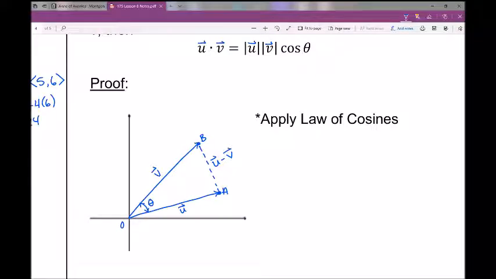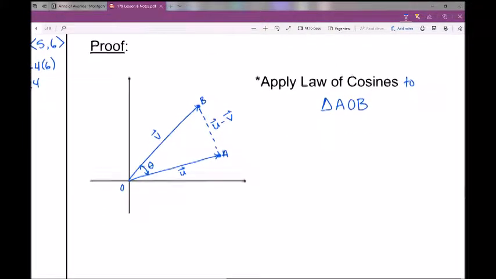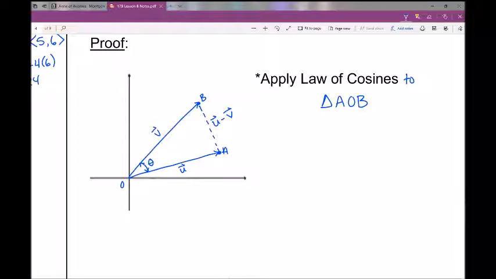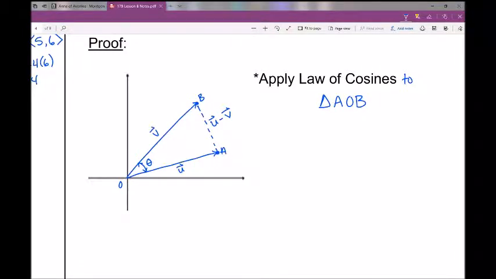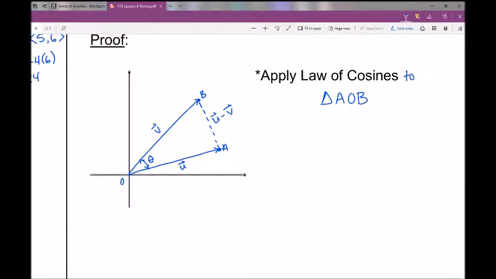Okay, so now let's apply the law of cosines to the triangle defined by the vertices A, O, and B. Let's write all of this in the triangle together using the law of cosines formula. You can think of vertex O like angle C, if that helps you.